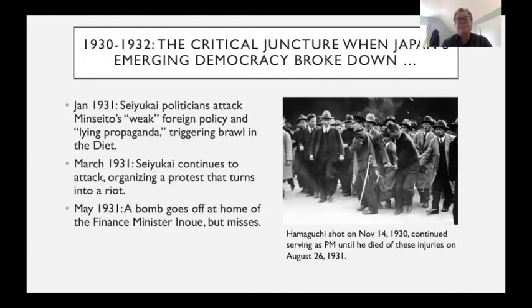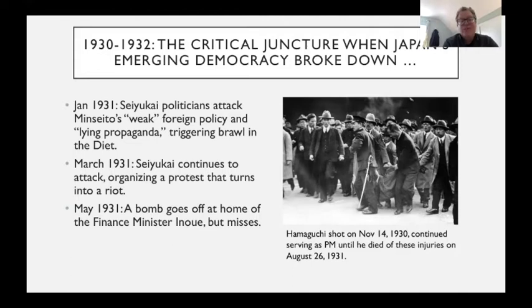And here's where we begin to see the disturbing failure of the other political party to join with Minseito to stand up against this kind of political violence. In January 1931, a leading politician from the Seiyukai party, his name was Hatoyama, and interestingly, he would go on to become a prime minister in 1955 after the war.